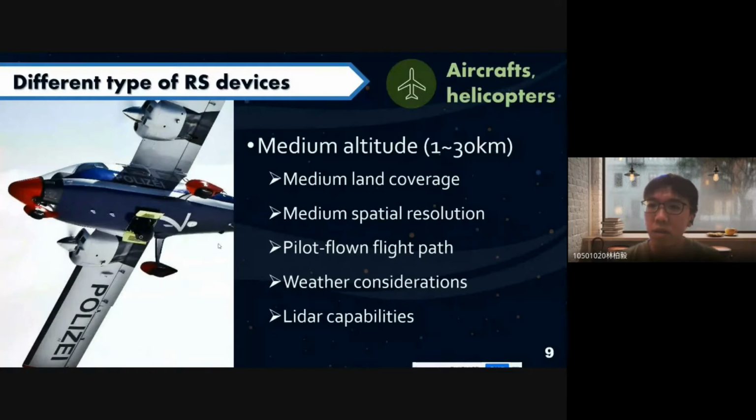The next one is the median altitude, aircraft and helicopters. The height will range from 1 to 30 kilometers. So here, the land coverage and also the spatial resolution become medium. Also, we don't need to obey a fixed orbit, because aircraft and helicopters follow a pilot-flown flight path.